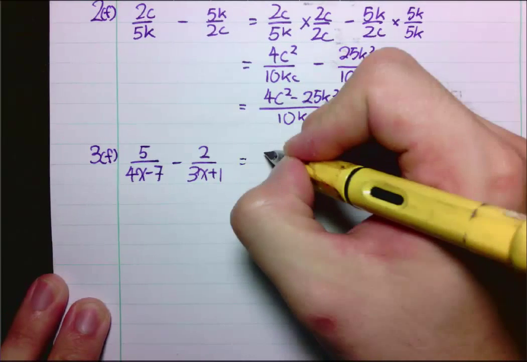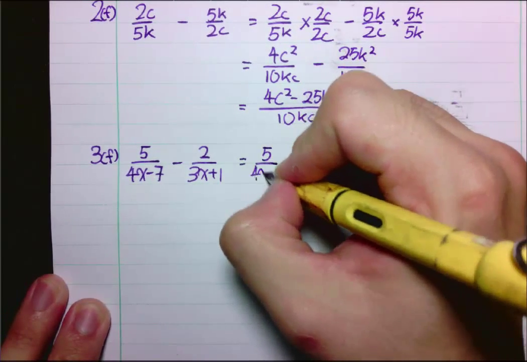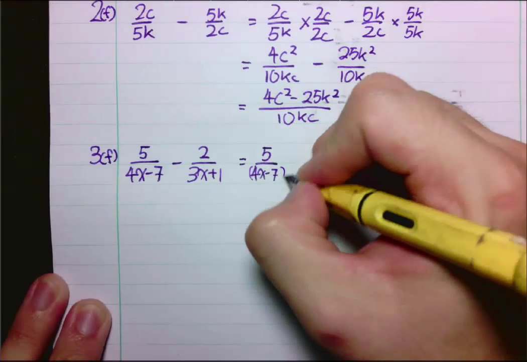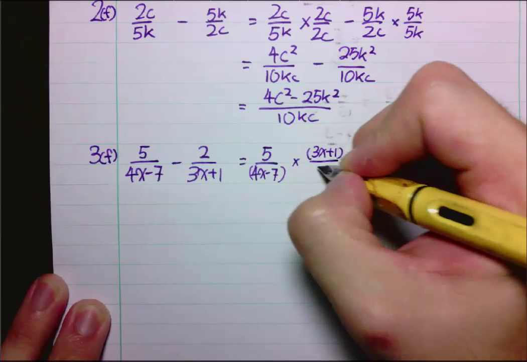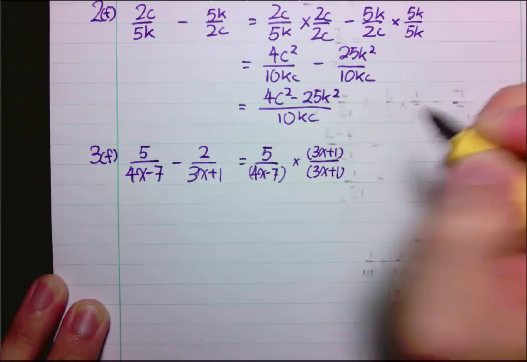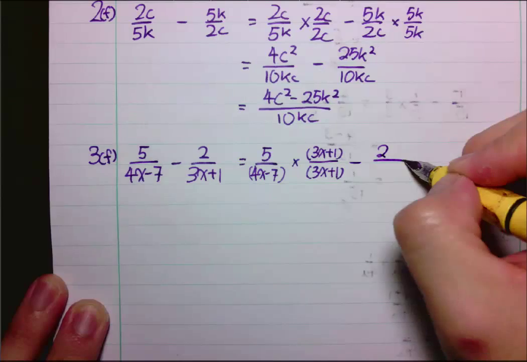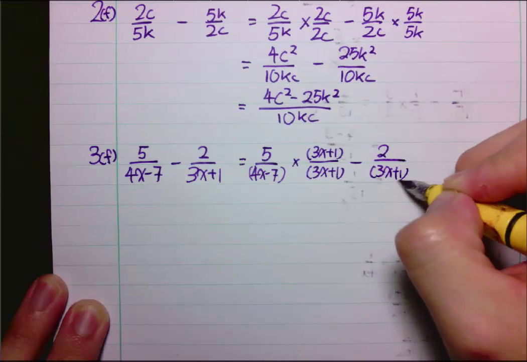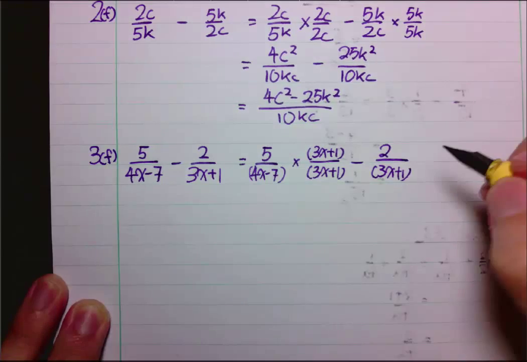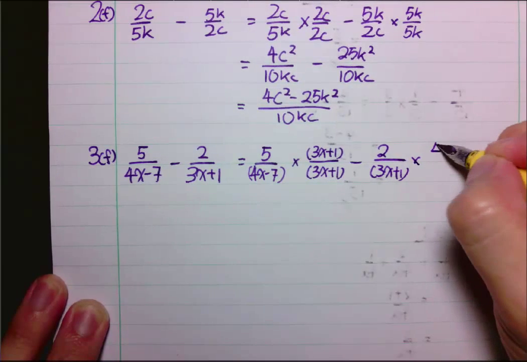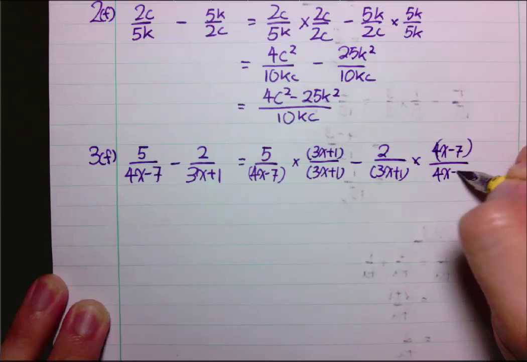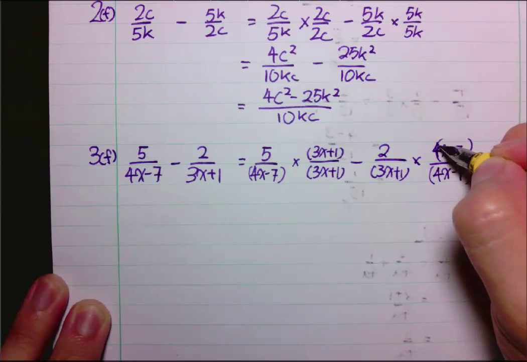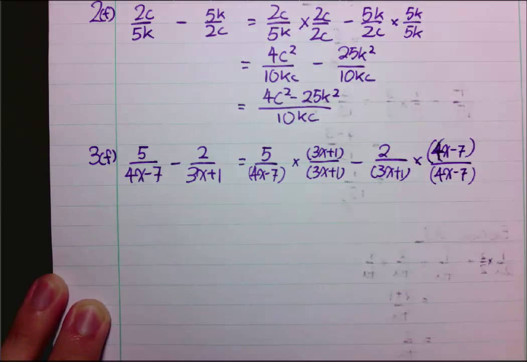So what I'll have here is 5 over 4x minus 7, put a bracket, I multiply by 3x plus 1 over 3x plus 1, minus 2 over 3x plus 1, this term I multiply by 4x minus 7 over 4x minus 7.